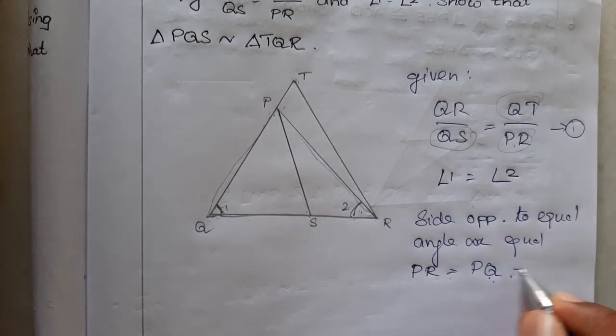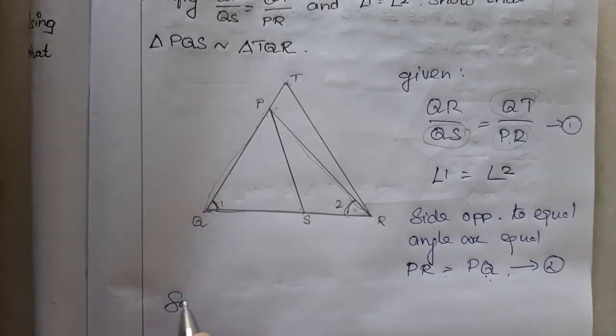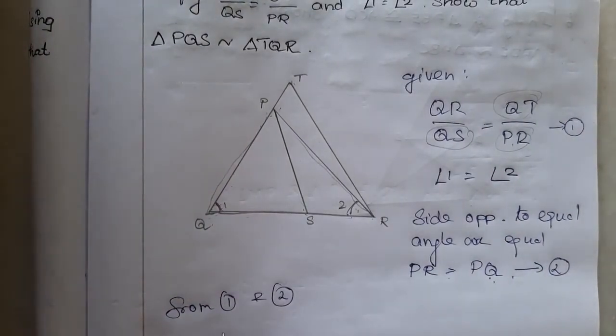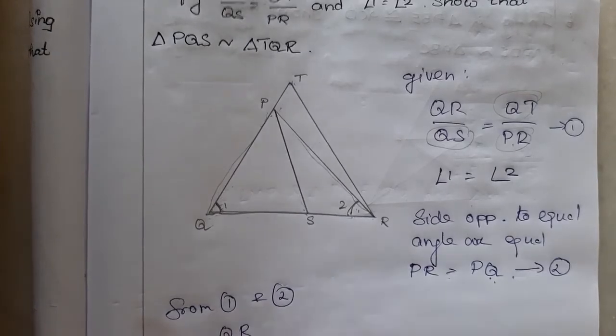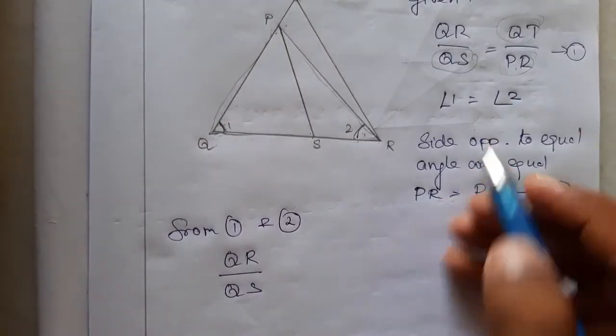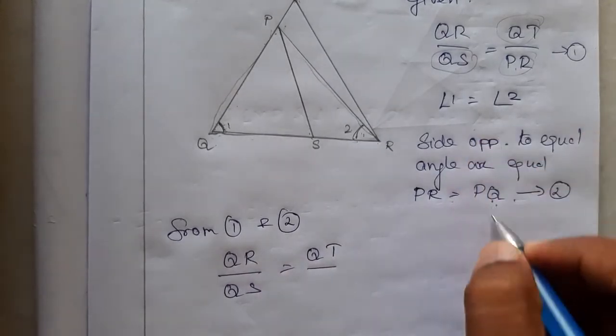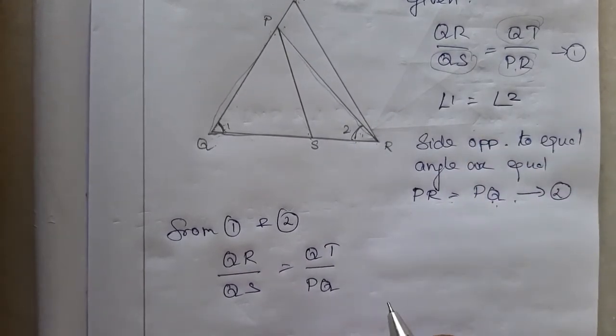Let me take it as from 1 and 2. So from 1 and 2 I can say that QR by QS, I have written the same, QR by QS is equal to QT by, instead of PR I am writing PQ, right?